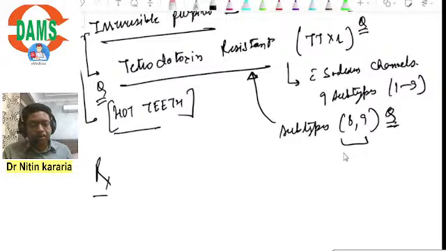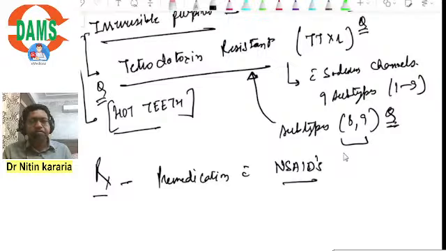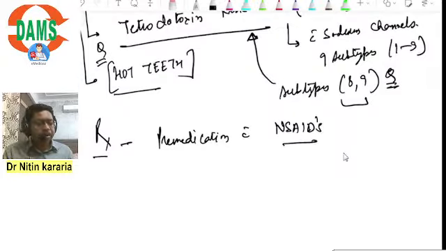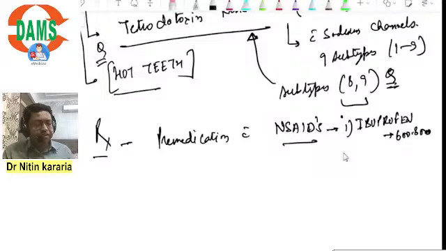For treatment of hot teeth, we do pre-medication with non-steroidal anti-inflammatory drugs. Which non-steroidal anti-inflammatory drugs? According to the order of potency, the most potent is ibuprofen, in a high dose of 600 to 800 milligram TDS.